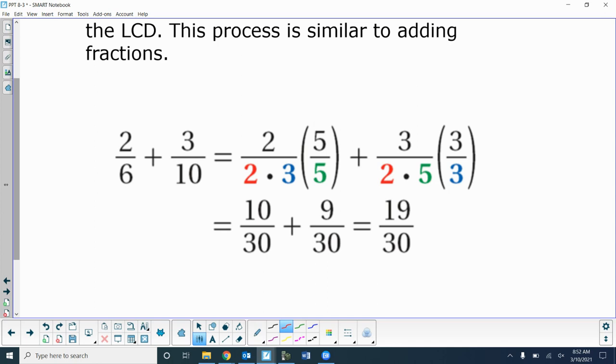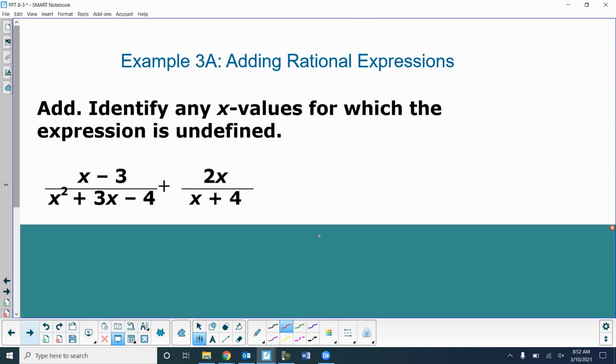So 3 times 3. Then you add the numerators. The denominator doesn't change once you get the common denominator. Okay? We've already done this today, right? Just a quick review again. We're going to do this same procedure with these rational fractions, these trinomials and binomial fraction stuff. Okay?